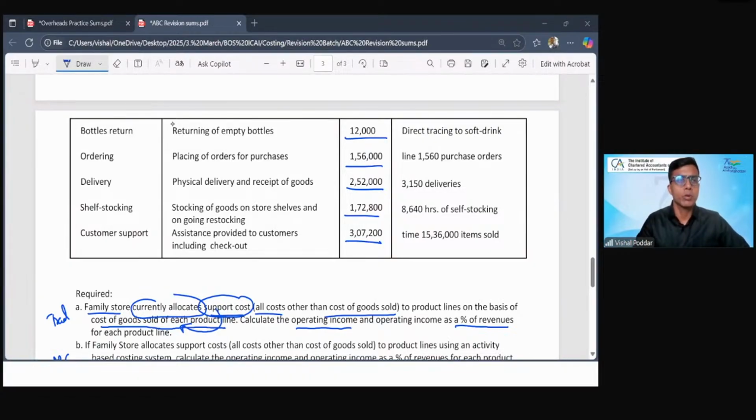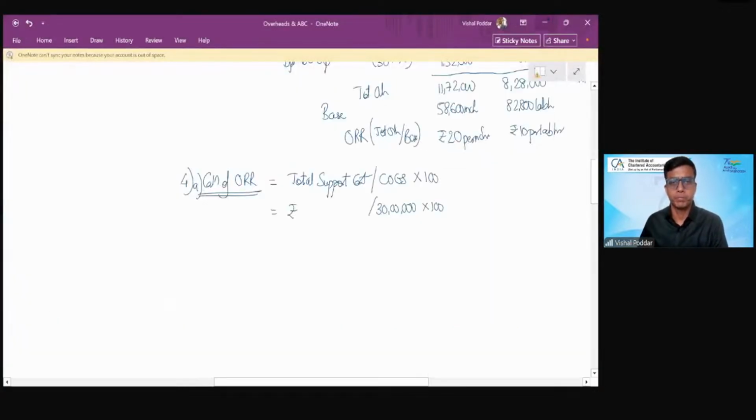So my total support cost is coming as 9 lakhs. Under the traditional approach, you are expressing it as a percentage of COGS. The first step is calculated ORR.